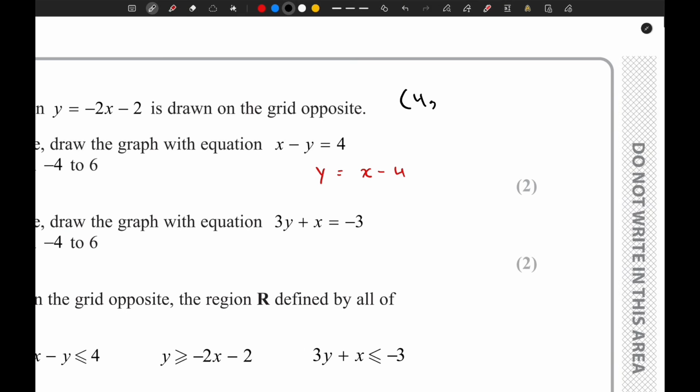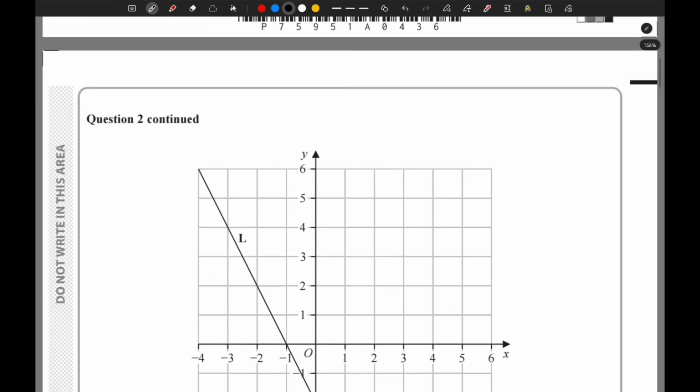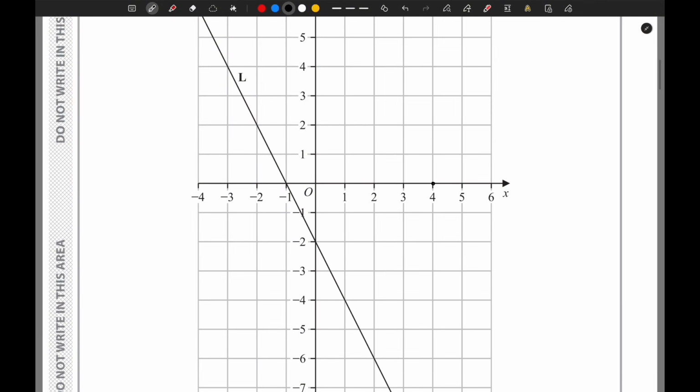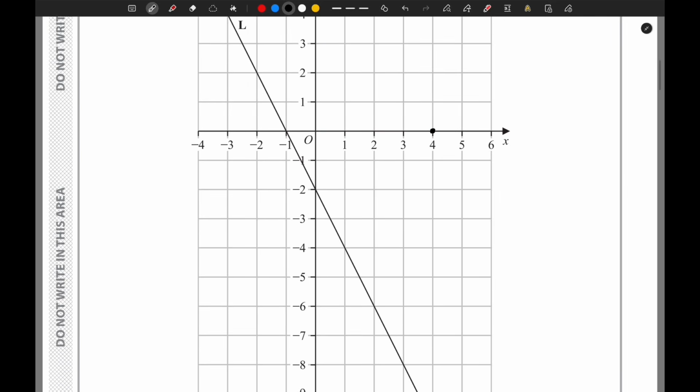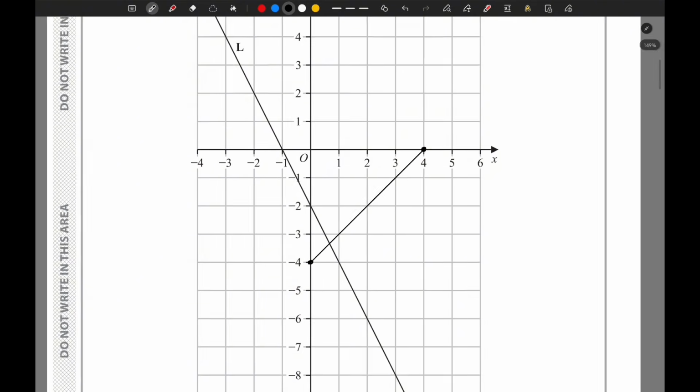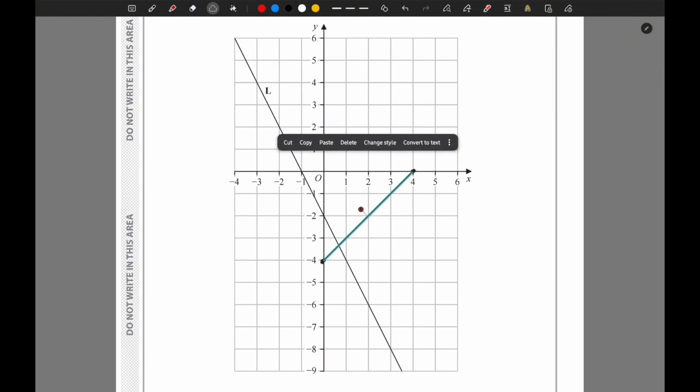So one of the coordinates is 4 and 0. And at y-axis the value of x is 0, so the value of y is negative 4. So the other coordinate is 0 and minus 4. Now we can just connect these 2 points and extrapolate the points. So that is the graph of y equals x minus 4.